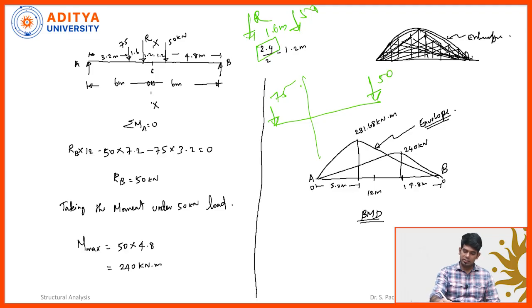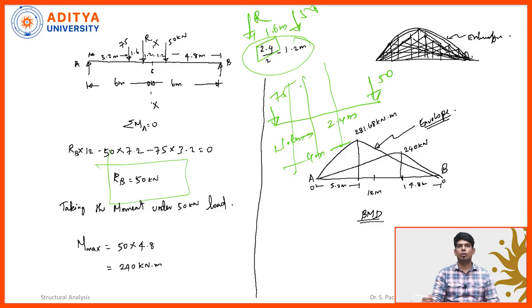So our CG is acting at 1.6 meter distance. Total distance is 4 meters. What is the remaining distance here? 2.4 meters. Already I have divided this and then calculated. Now, I need to divide this 2.4 meters and then calculate the bending moment under the 50 kilonewton load.